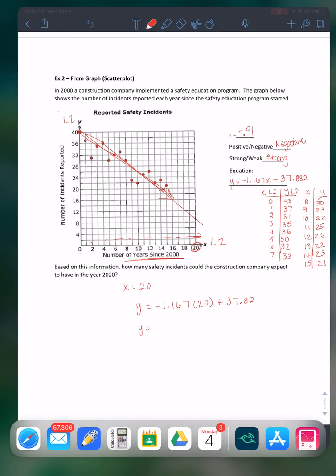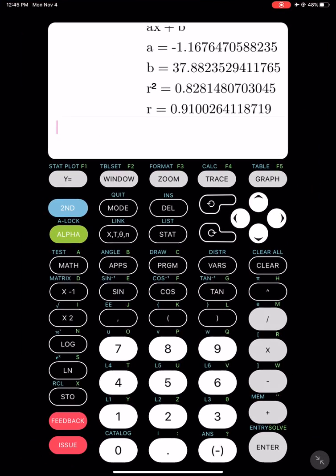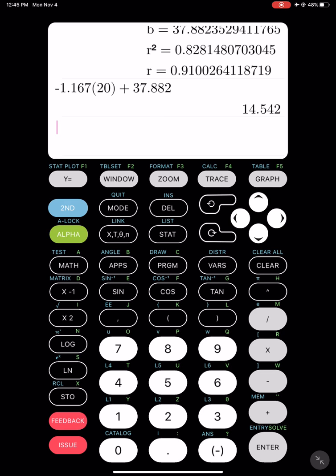So if we go back to the calculator, we're on the normal calculator screen. So we have negative 1.167 times 20 plus 37.882, 14.542.